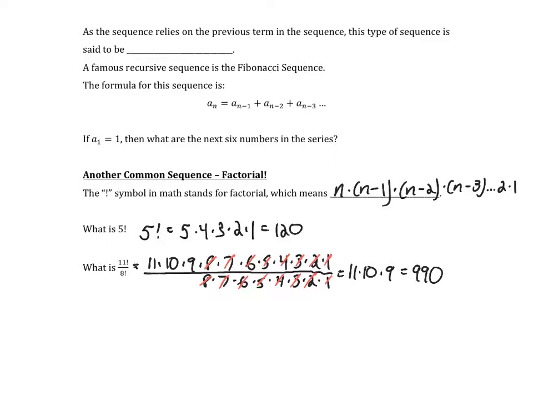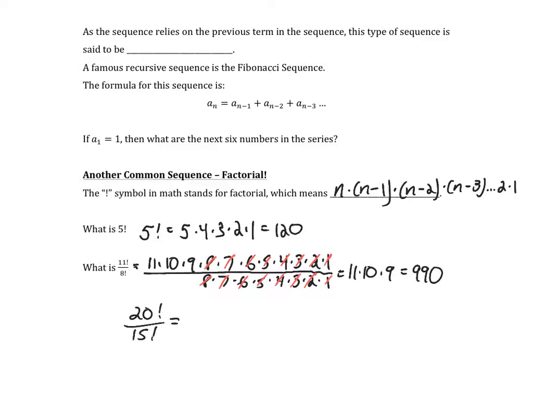So let's just try, for example, 20 factorial over 15 factorial. Hit pause for a second and see if you can figure out what that is without actually doing 20 factorial and solving and 15 factorial and solving. Okay, hopefully you tried it.